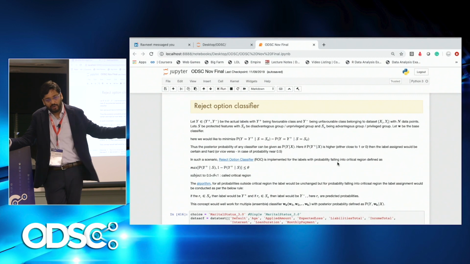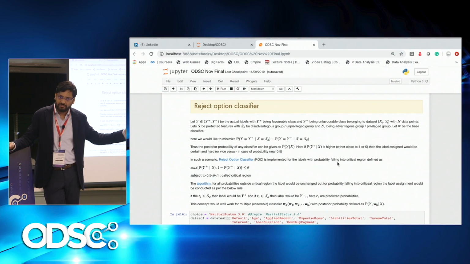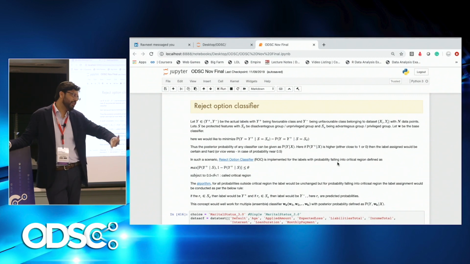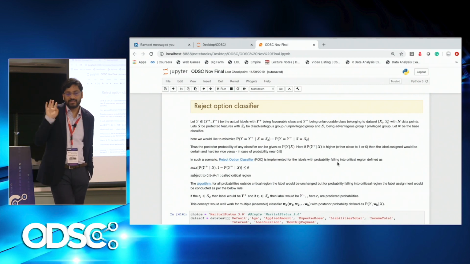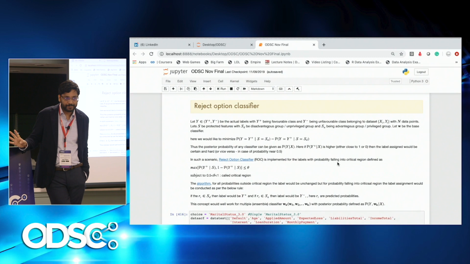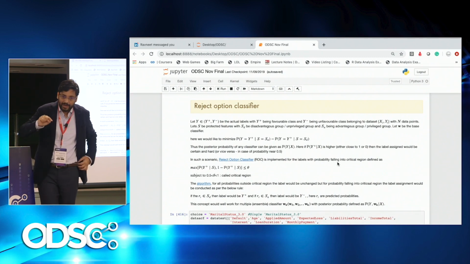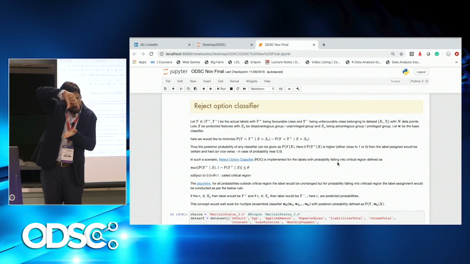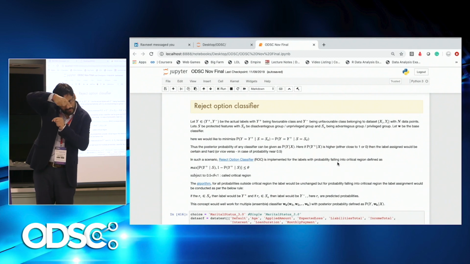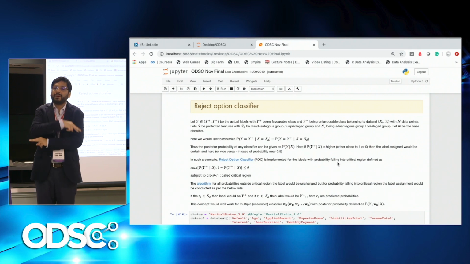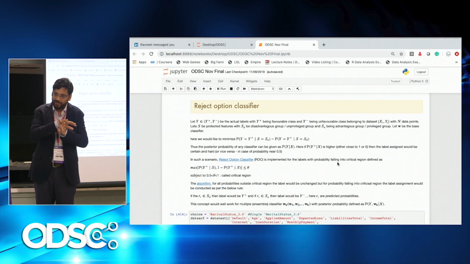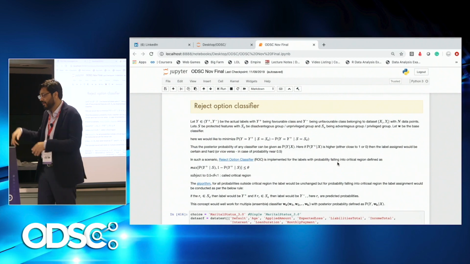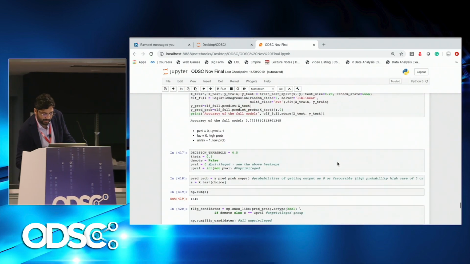Anybody away from 0.5, towards 0 or 1, you are very sure whether he is a defaulter or not. So we'll take 0.5, make a circle, and flip everything: all defaulters become non-defaulters, and all non-defaulters become defaulters. And we will make a model.